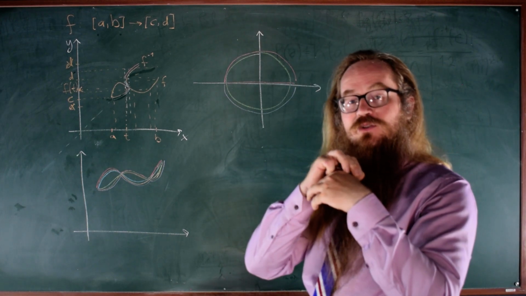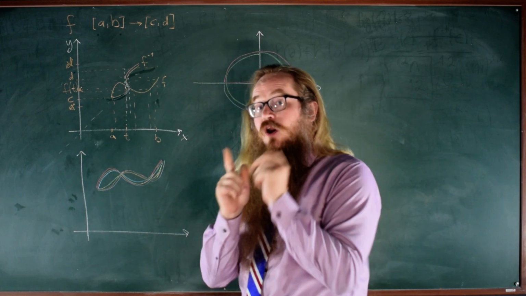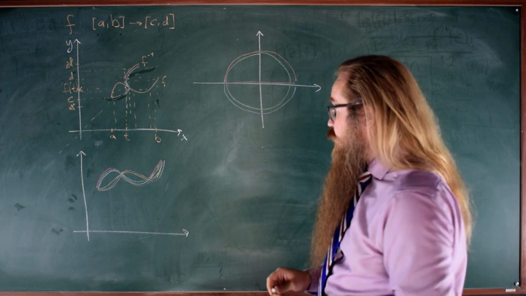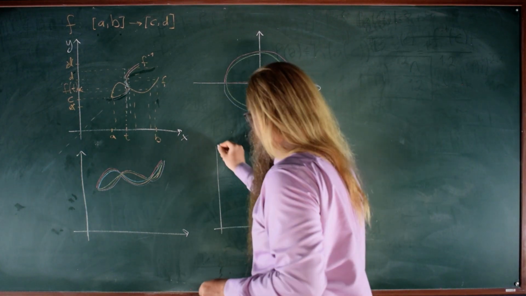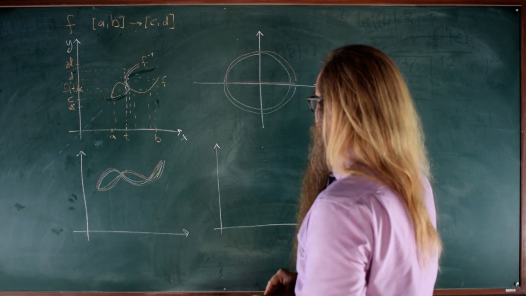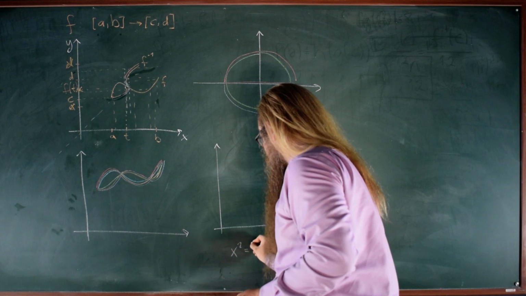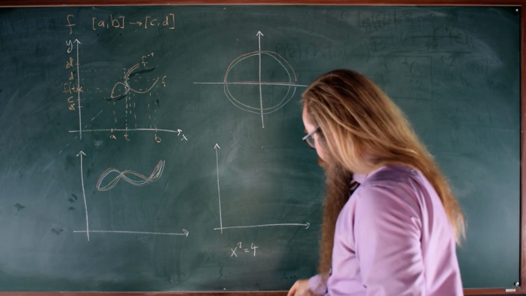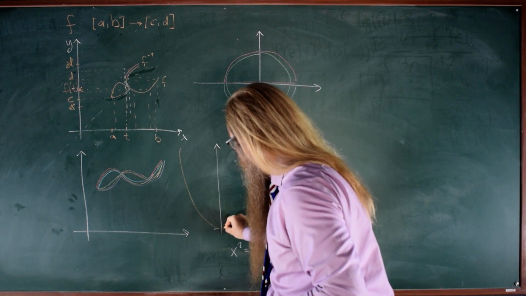This may seem like some random nonsense, but I would argue that you have probably seen one of these multi-valued functions before. Let's consider the equation x squared is equal to 4. x squared is actually a nice function. It's not multivalued.